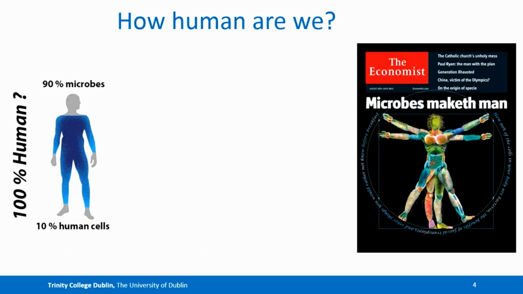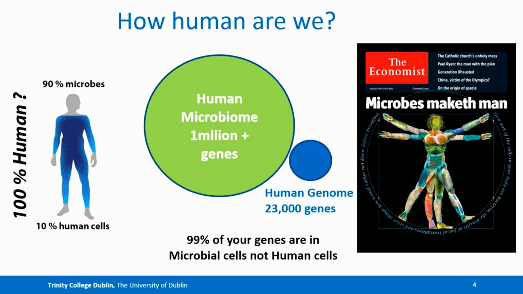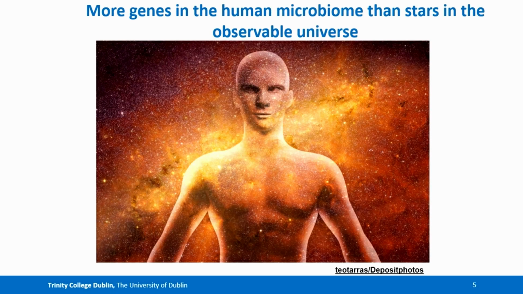When you look closer at this microbiome, you have to ask, how human are we? The human body contains over 10 times the amount of microbial cells as human cells. When we look at the genetic material in our bodies, 99% of our genes are microbial. In fact, there are more genes in the human microbiome than there are stars in the observable universe.